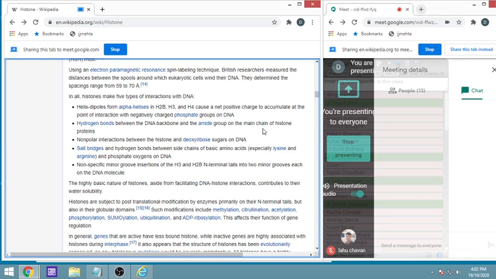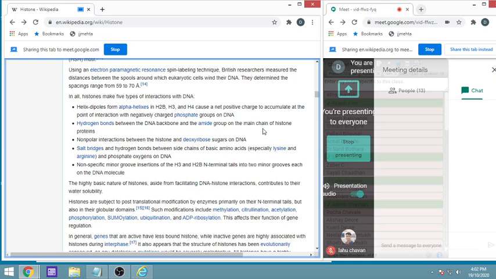So they will form salt bridges and hydrogen bonds between side chains of basic amino acids, particularly lysine and arginine, and also phosphate oxygens on the DNA. Then non-specific minor groove insertion of H3 and H2B terminal tails into two minor grooves each on the DNA molecule. So these are the important 5 places where the DNA will have interaction.